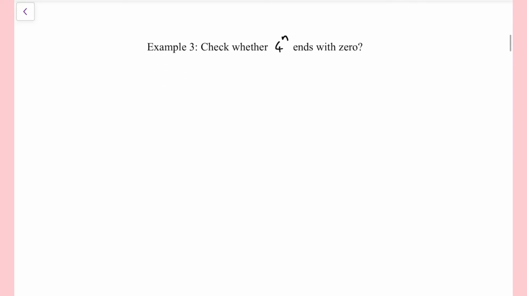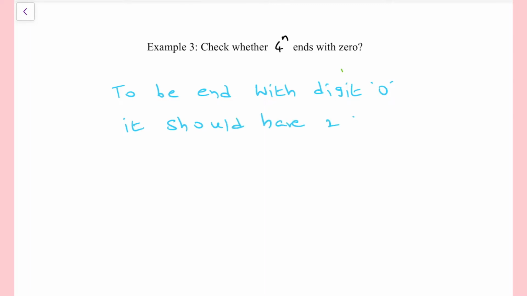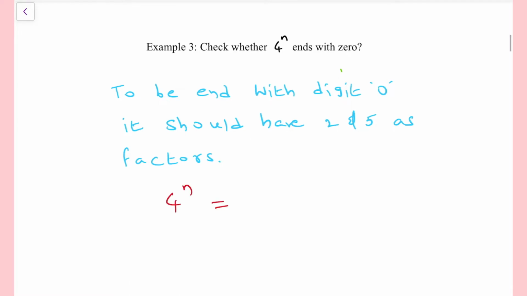Next, check whether 4 power n ends with the digit 0. In this question, one sentence we must write: to end with the digit 0, it should have 2 and 5 as factors. 4 power n equals, here 4 can be written as 2 square whole power n.